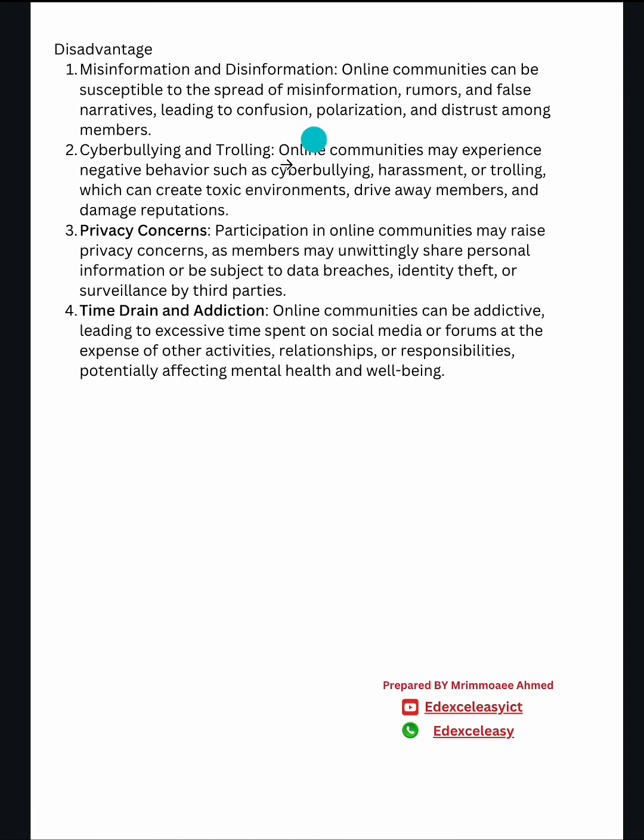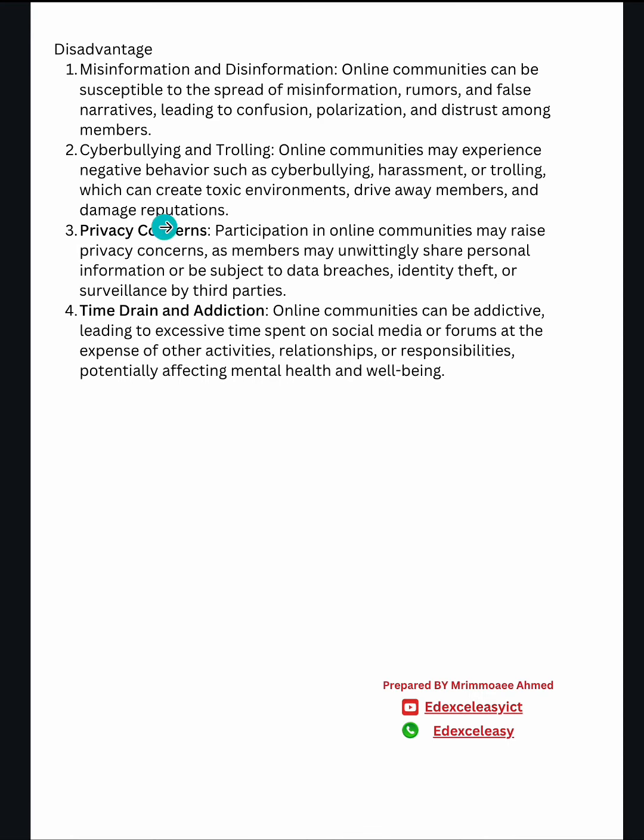So this can cause confusion to the customers or other people. Cyberbullying, because inside online communities, there are sites where a number of harassment, trolling, and bullying is happening each and every day. That's why we have an online law.